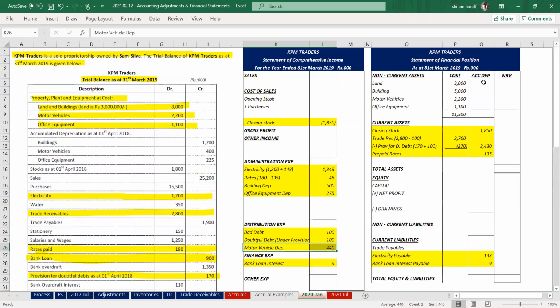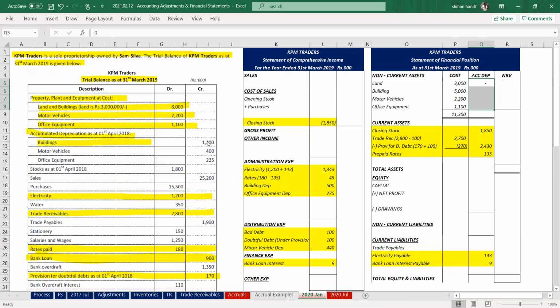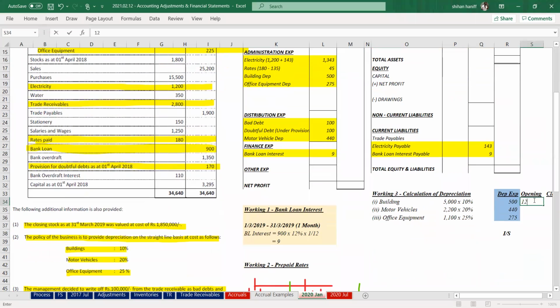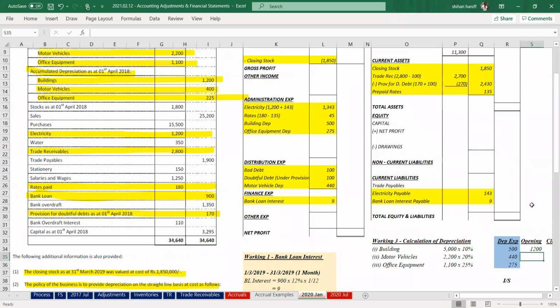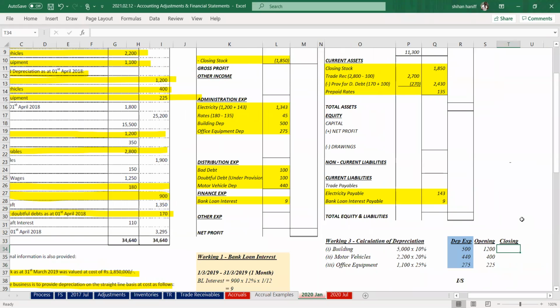Then we need to see the closing balance of accumulated depreciation. For the current year depreciation, we need to add the opening accumulated depreciation: 1,200, 400, 225. If you add, you will get the closing balance.